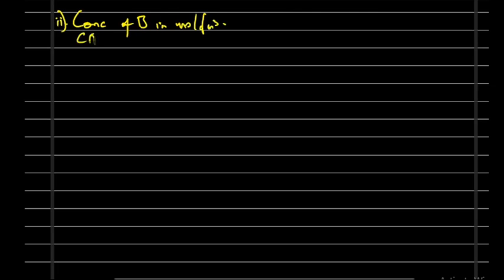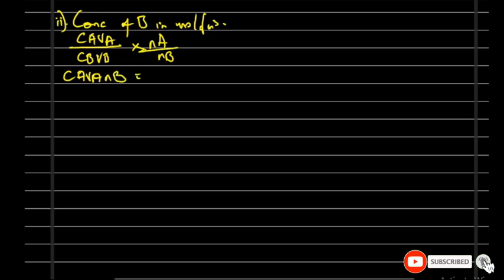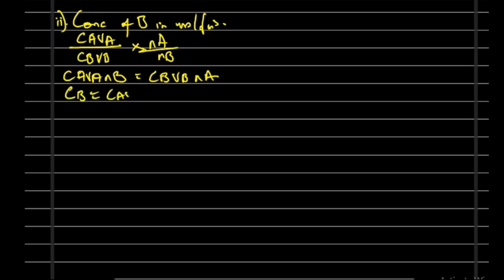So we are using CAVA over CBVB equals NA over NB. The straight line equation gives us CAVANB equals CBVBNA. And since we are looking for CB, CB equals CAVANB divided by VBNA.